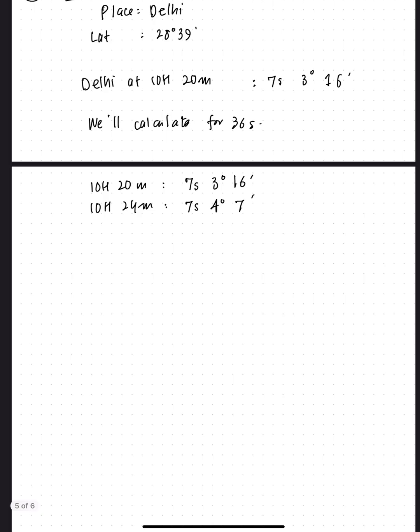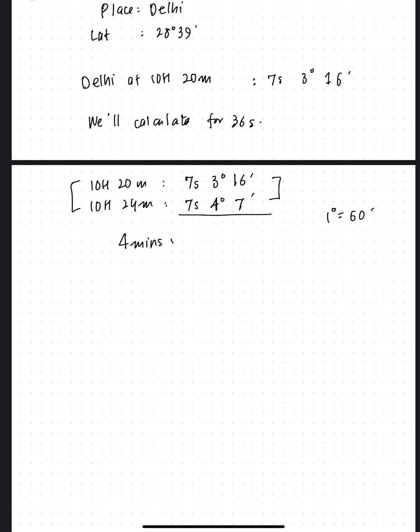Okay, so now what is the difference here? Difference is 4 minutes. And what is the difference here? 1 degree is 60 minutes. The difference here, 7 signs just cancels out. So the difference here is actually 51 minutes. So 4 minutes is equal to 51 minutes here.